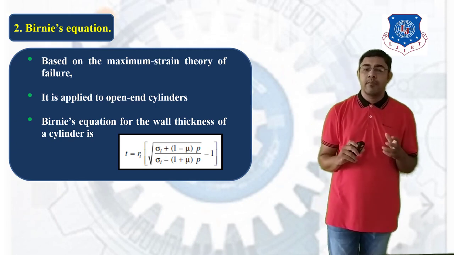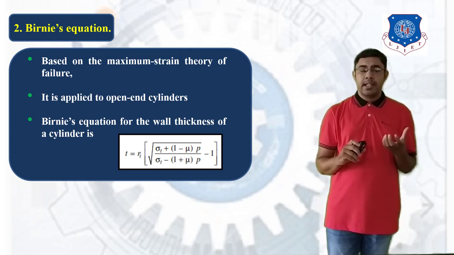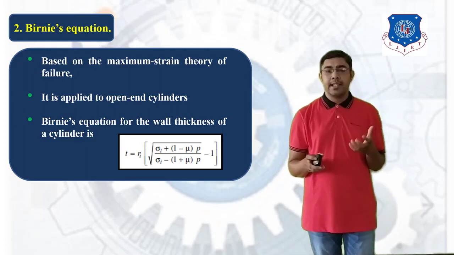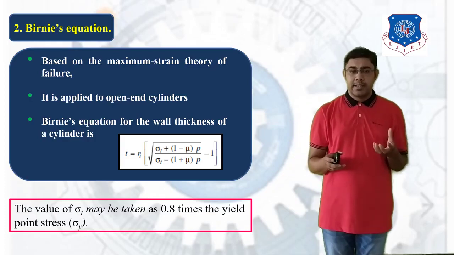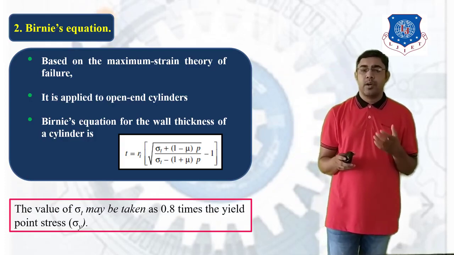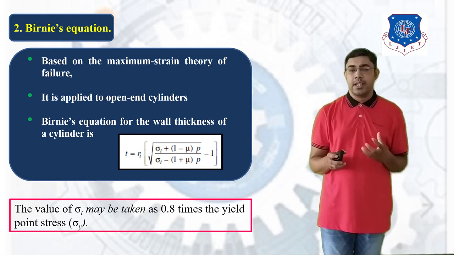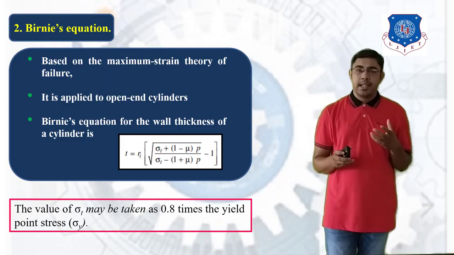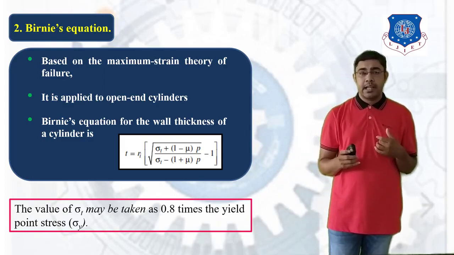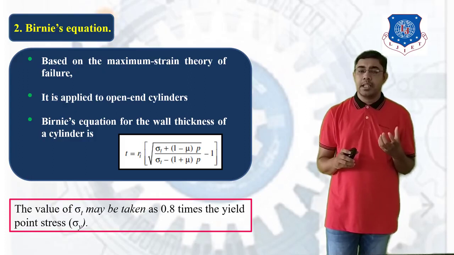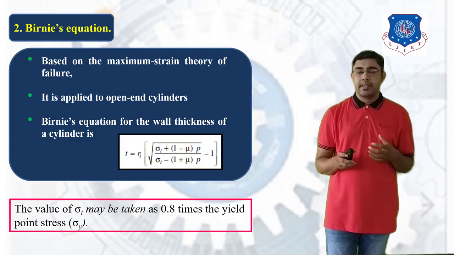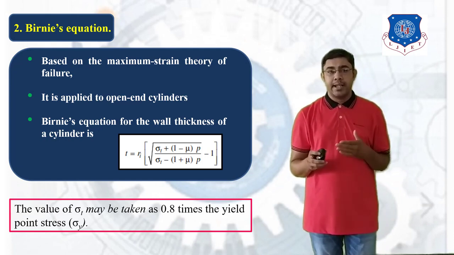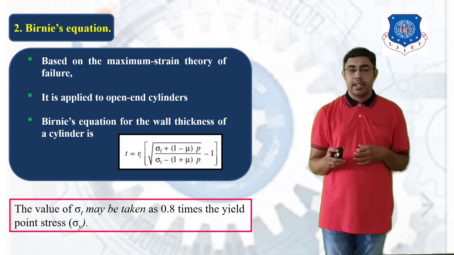In this equation, sigma T is the allowable stress, nu is the Poisson's ratio, P is the pressure intensity, and Ri is the internal radius. In this case we have to take sigma T, the allowable stress, as 0.8 times the yield stress sigma y, so sigma T is equal to 0.8 into sigma y.